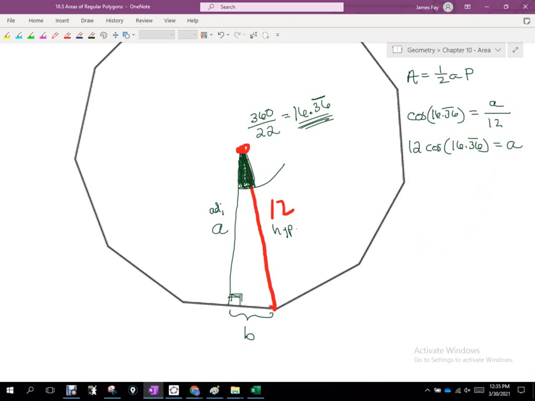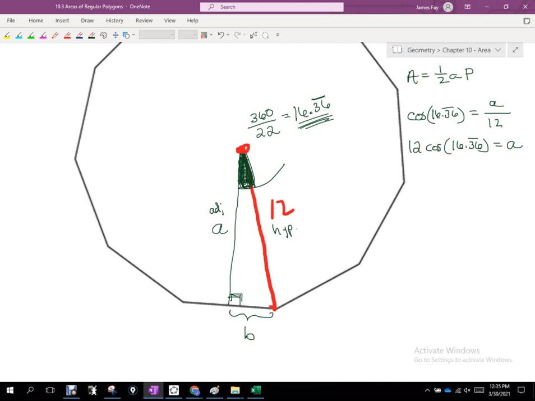Now, once you have your apothem, you have some strategies. Once I have my apothem and I calculate that on my computer or whatever, could I use the Pythagorean theorem to find B? Yes. But in finding B, I would have used a rounded value, right? A would have to be rounded, unless I'm creative with my calculator. So it's an option. It's not the best option, though.